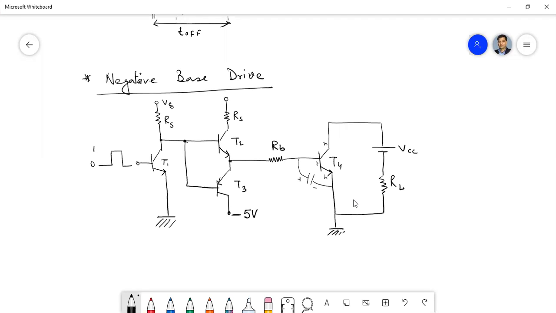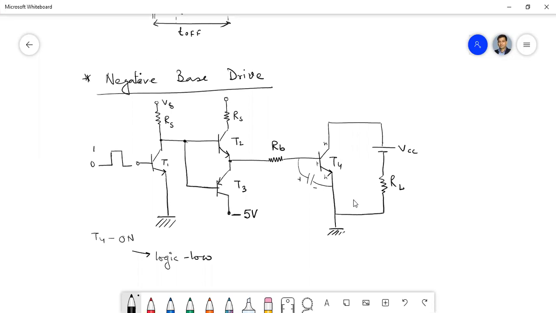Now just see that when we have switched on, in which condition will it be switched on, in logic high or low? In which stage will the T4 be switched on? Low. So at logic low level it will be switched on.